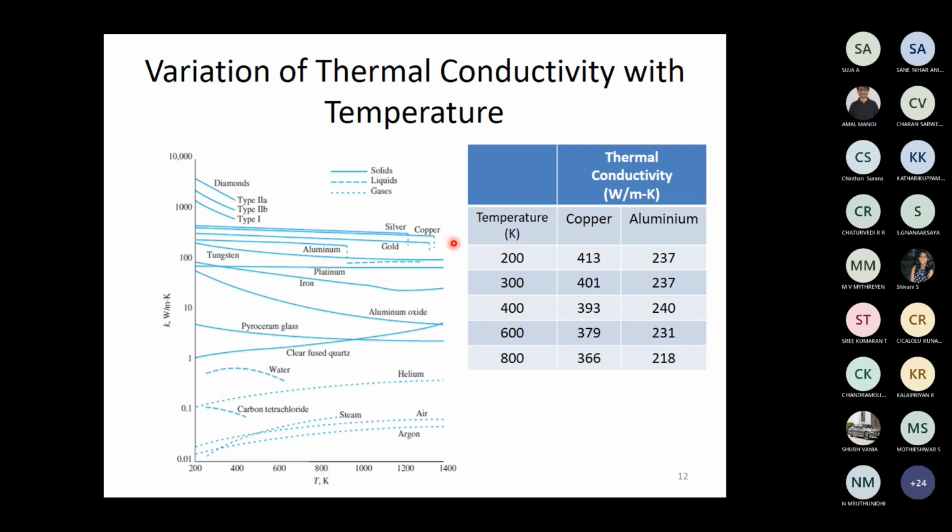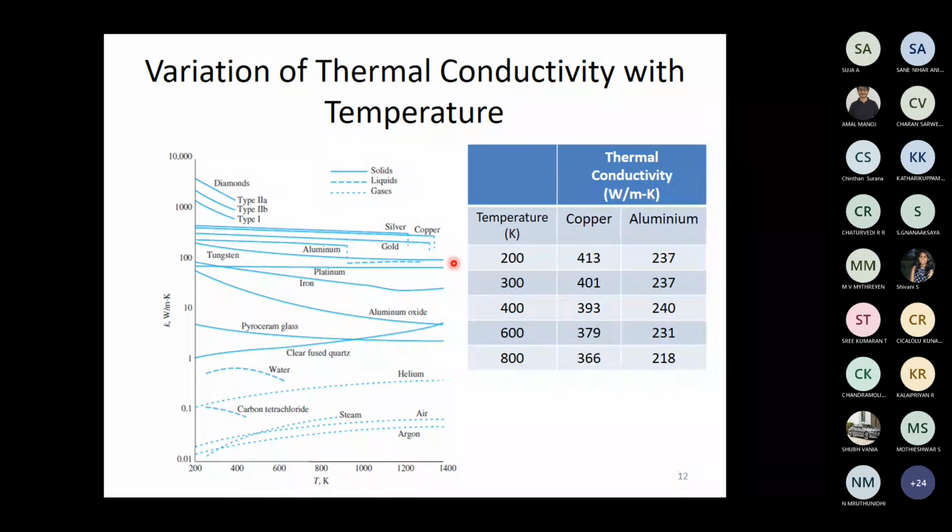The reason for this is given in two different ways. The first one is from the physics. In fact, both reasons are from the physics viewpoint. One is something called anharmonic scattering, which happens when the temperature increases, and this anharmonic scattering is inversely proportional to the temperature.